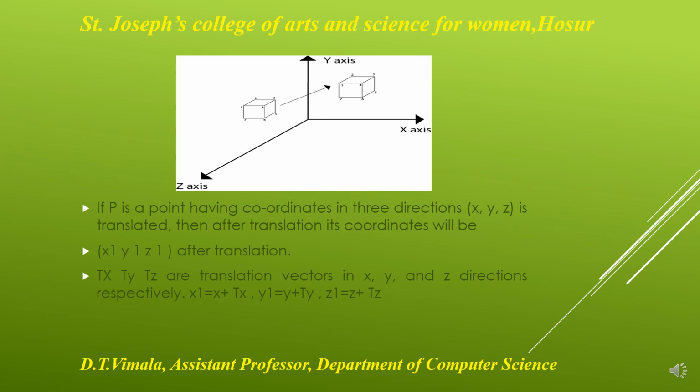The new coordinate point is x1, y1, z1. How do we get the value for that? x1 is equal to x plus Tx, y1 is equal to y plus Ty, and z1 is equal to z plus Tz. That is, we are adding the three translation vectors to the original coordinates.